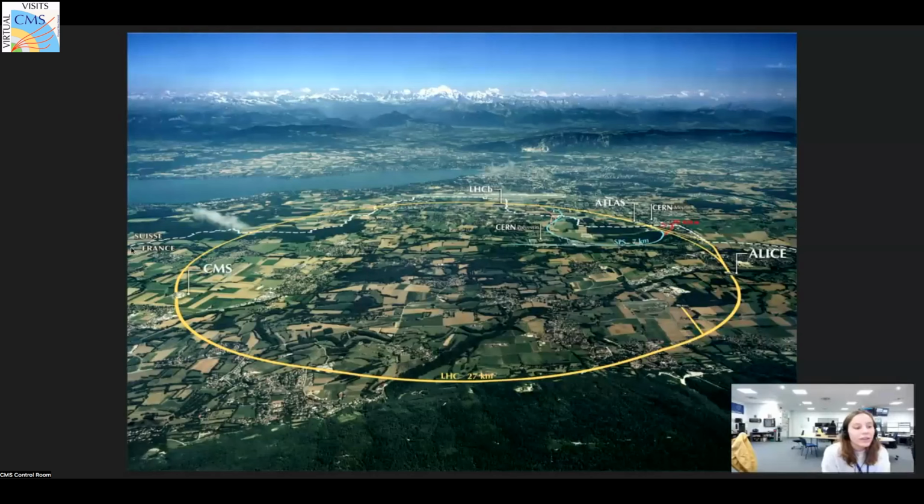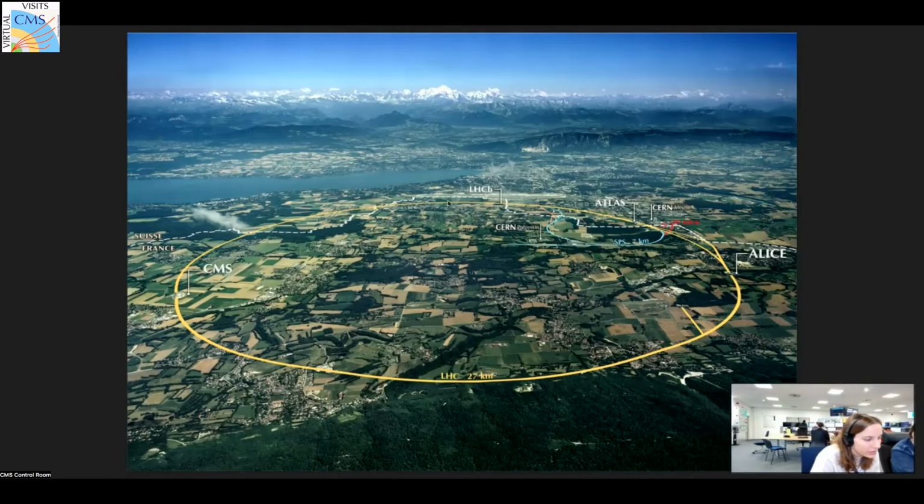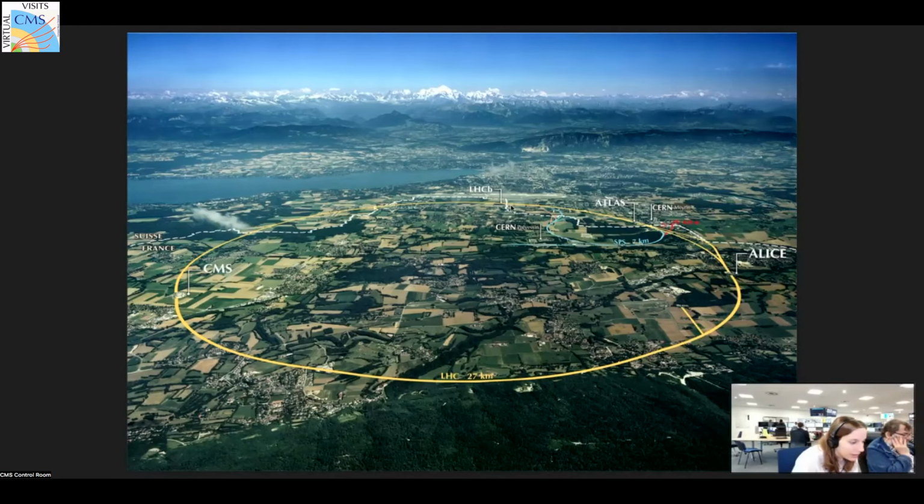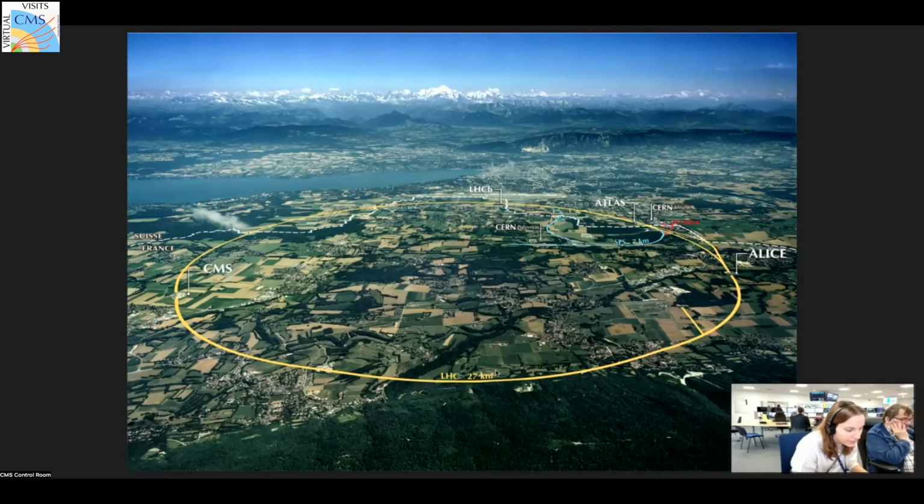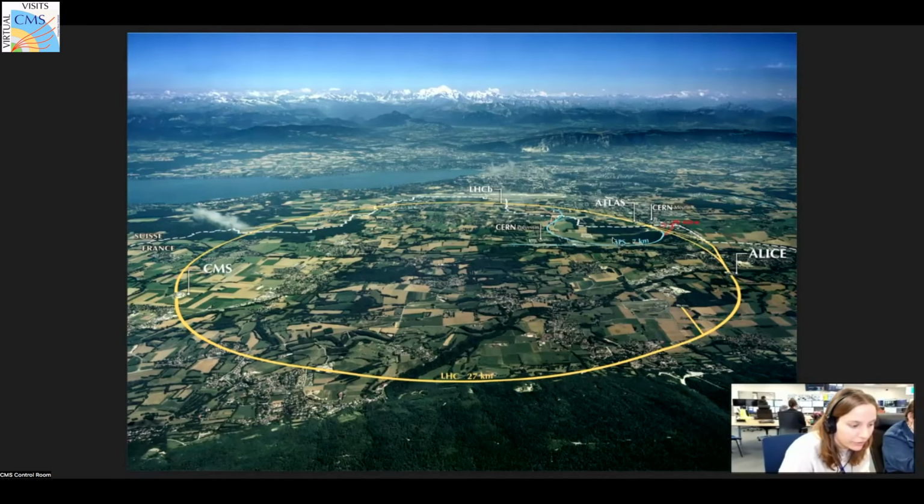So welcome everybody. I think we can start with a slide showing you where we are geographically and what we're doing here. And then we will bring you around our control room. Okay, first of all, what you see here is the LHC. So the yellow ring is the collider where we have our particles running through and colliding in the points that are the experiments.